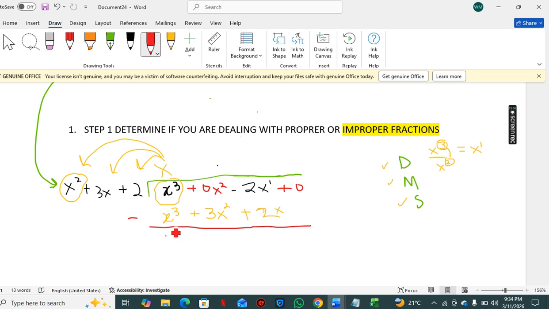It just basically disappears. x cubed minus x cubed, 0x cubed. So it's irrelevant. 0x squared minus 3x squared. We're going to get negative 3x squared.